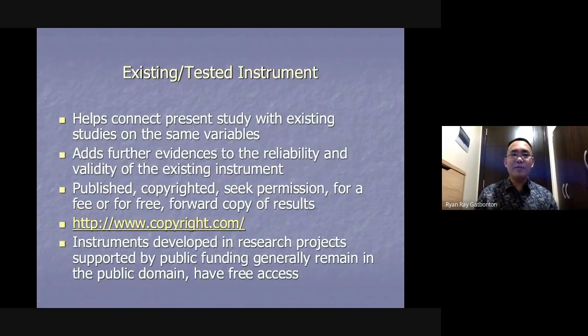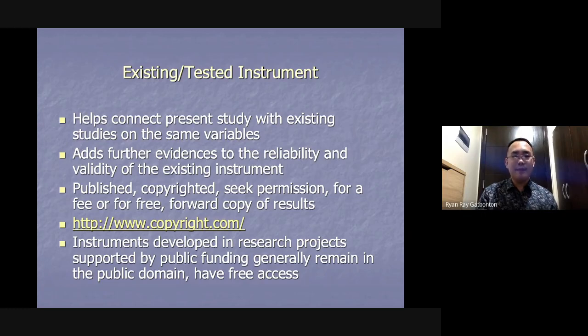Just make sure that when you use an existing or tested instrument, you have to ask permission from the author. Usually, you can find the author's contact details in their article. You can find his email address in the article. You can contact him, especially since those from 2019, 2018 or whatever year who made the title are still alive.